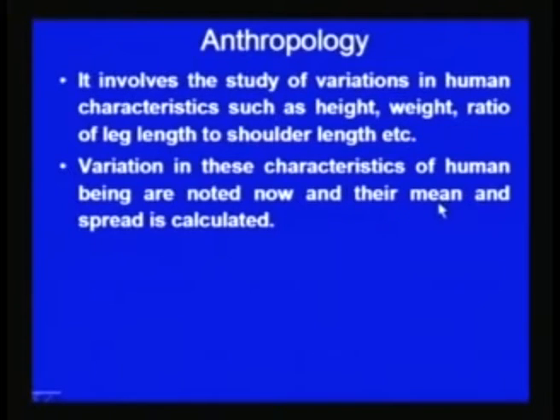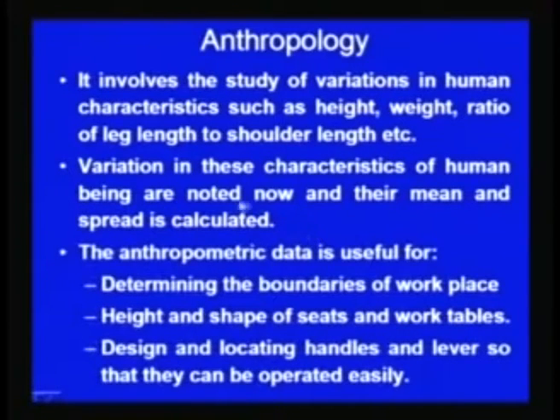The mean of the anthropometric data of particular characteristics which will be used in operation of a particular device is obtained, and the spread, either in terms of the standard deviation or in the form of range, is obtained, which will help in identifying the minimum or maximum dimensions of the engineering systems which will be used by the targeted group of population.